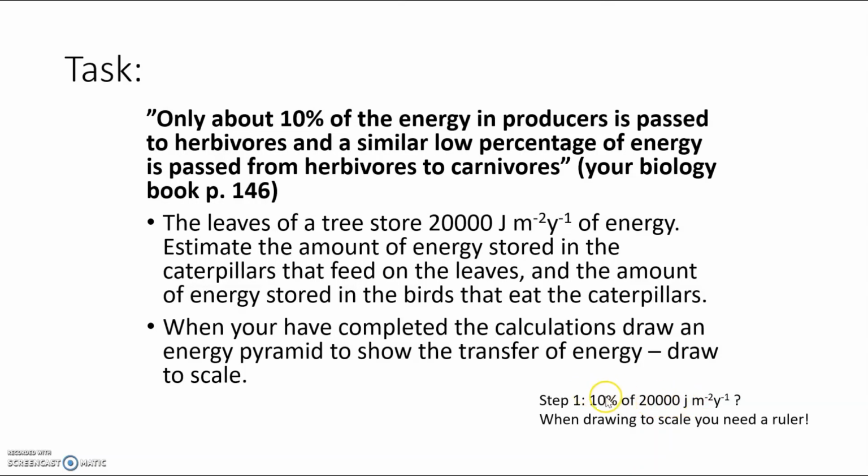And then, of course, you should do step 2, which is to calculate how much is then transferred from the caterpillars to the birds. And when you've done this, you should draw an energy pyramid. It should be a pyramid like this, right? So it should be bars on top of each other, not the triangular version of the pyramid. And when drawing energy pyramids, you should draw to scale. This means that you actually need a ruler to do this accurately.